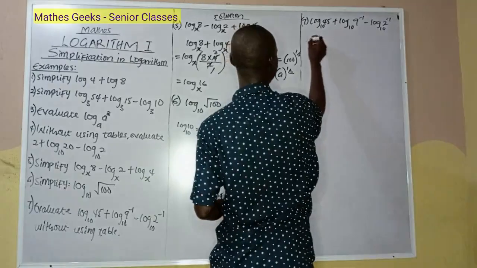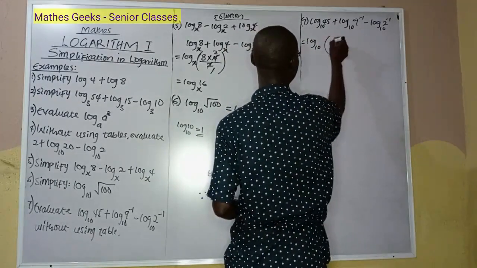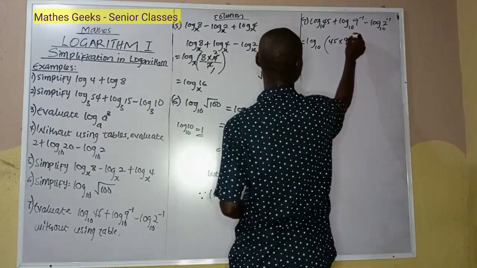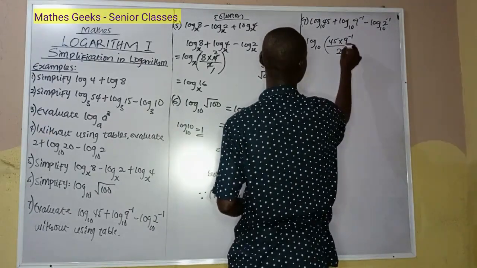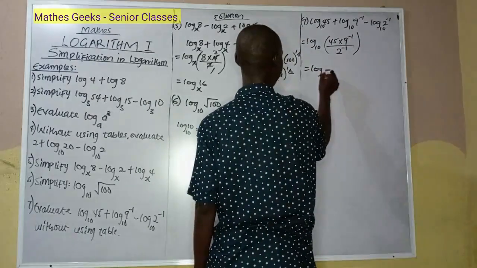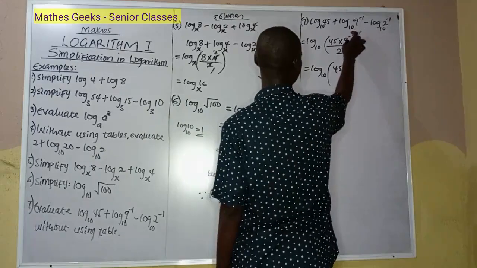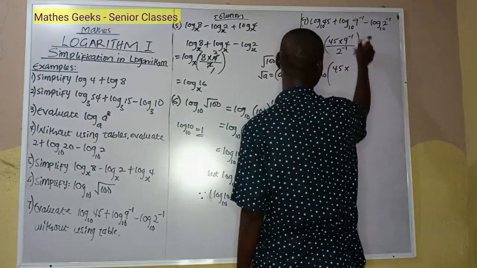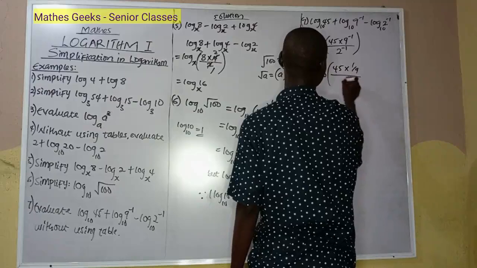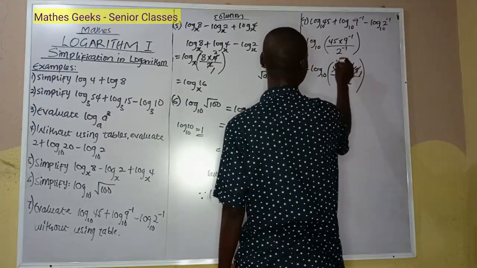So addition gives us log to the base 10 of 45 times 9 raised to minus 1 over 2 raised to minus 1. Now 9 raised to minus 1 is equal to 1 over 9, and here 1 over 2. So 9 here 1, 9 here 5.